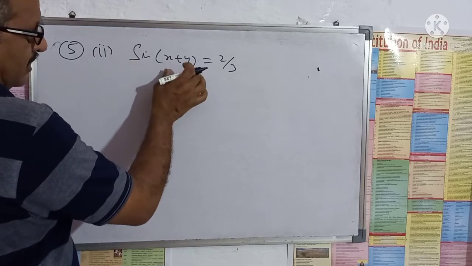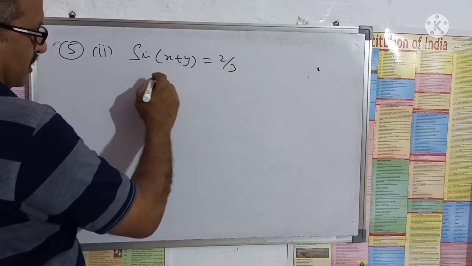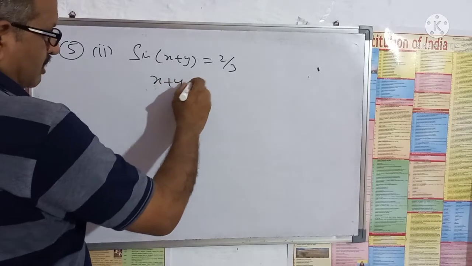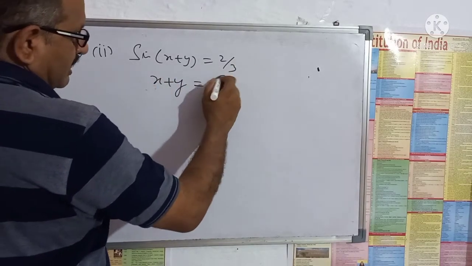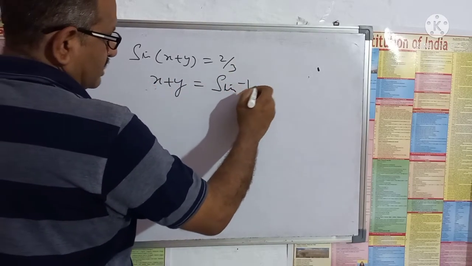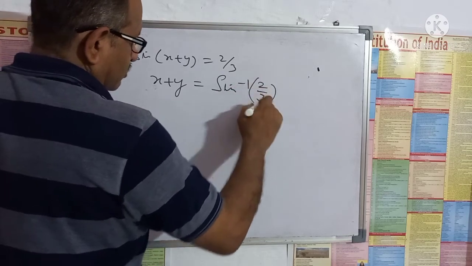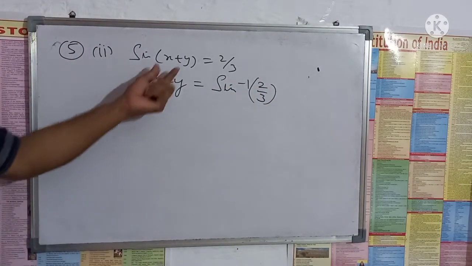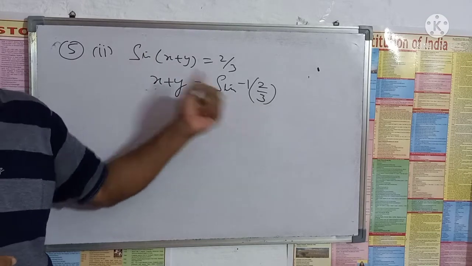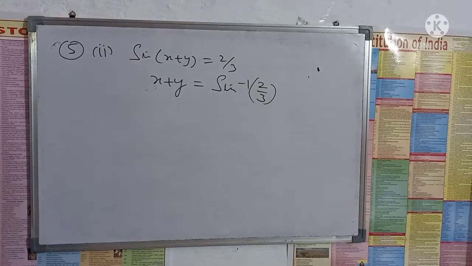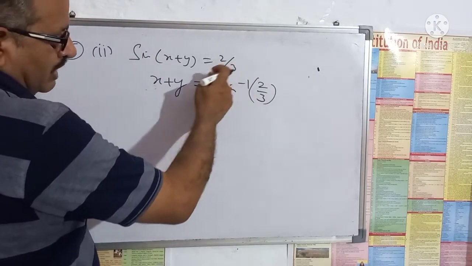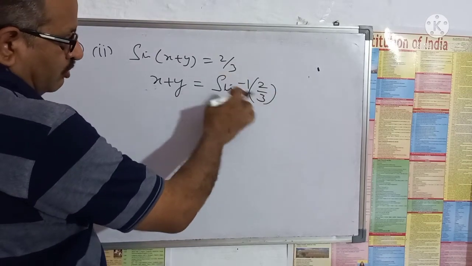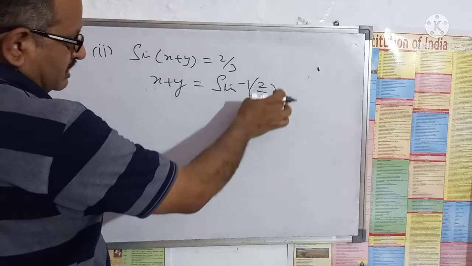So if sin of x plus y is equal to 2 by 3, what will be x plus y? Transpose sin to the right side. So we can write sin inverse 2 by 3. x plus y will be sin inverse 2 by 3. And in sin inverse 2 by 3, no x is here, no y is there. So it is a constant.